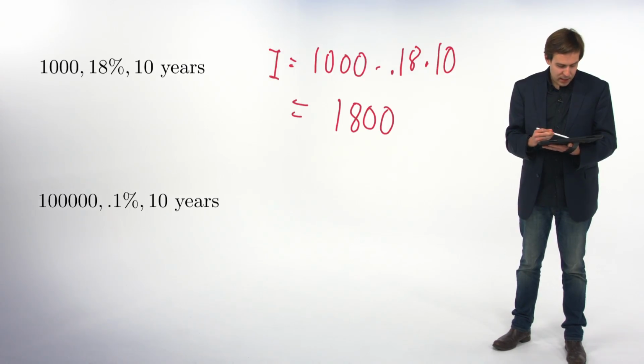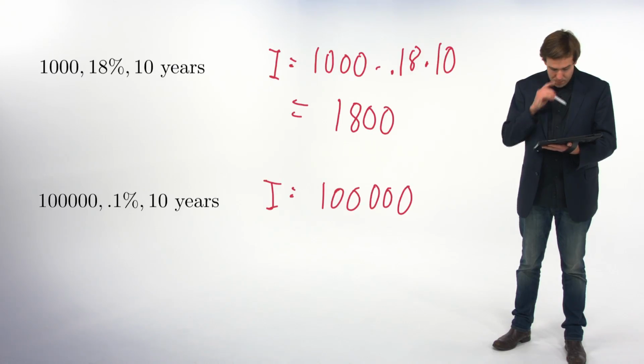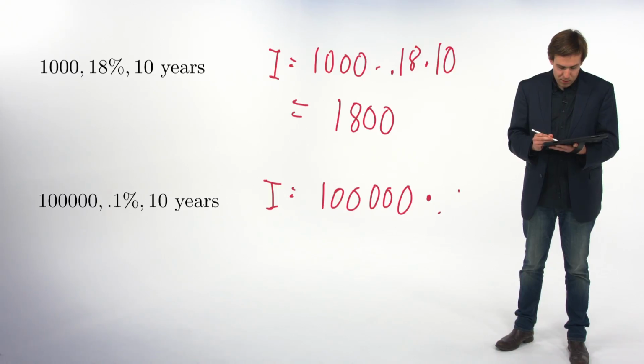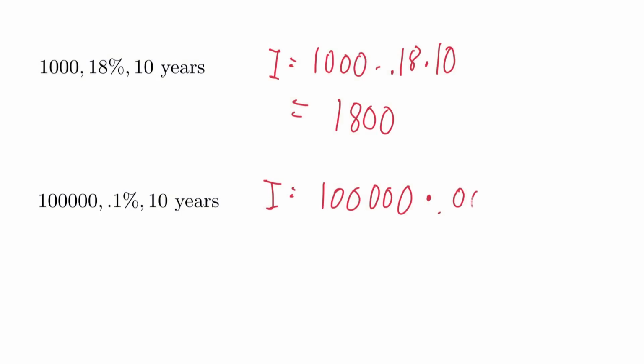In the last example, we get to see that even if you have a big principal, 100,000, the interest rate is extremely low here. It's 0.1%, which means 0.001 is what we multiply by for R times 10. So only $1,000.